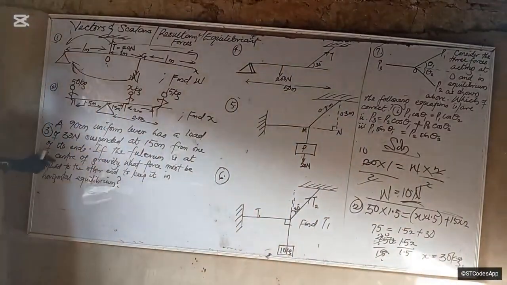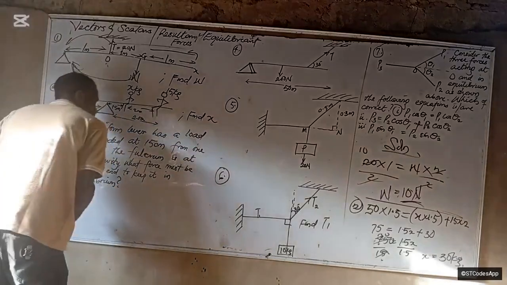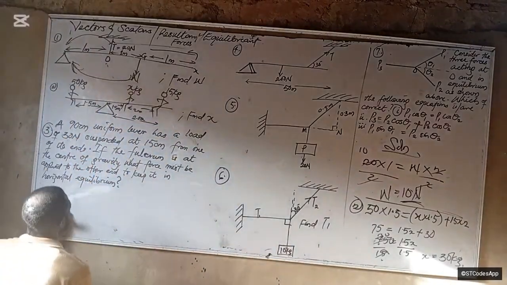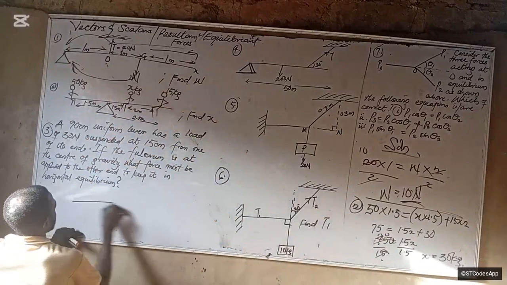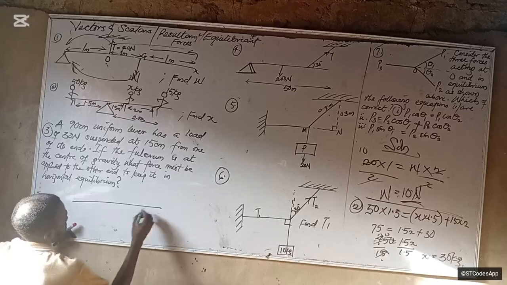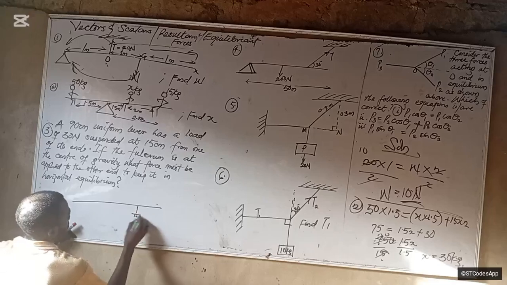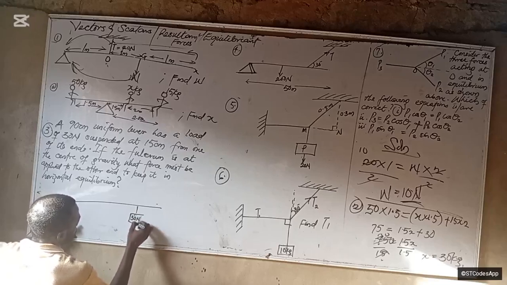Number 3 says a 90 centimeter uniform lever has a load of 30 suspended at 15 centimeters from one of its ends. So from here to here, 15 centimeters. The load is how many newtons? 30 newtons. So 30 newtons here.